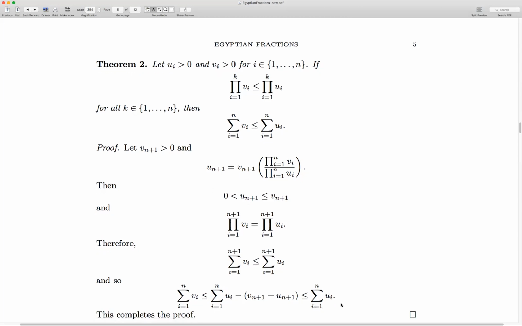And by this sort of stupid trick, I have a slightly improved inequality. And again, this has nothing to do in its statement with symmetrization, it's just an inequality about positive real numbers. And I would be interested if there's an independent proof of that.